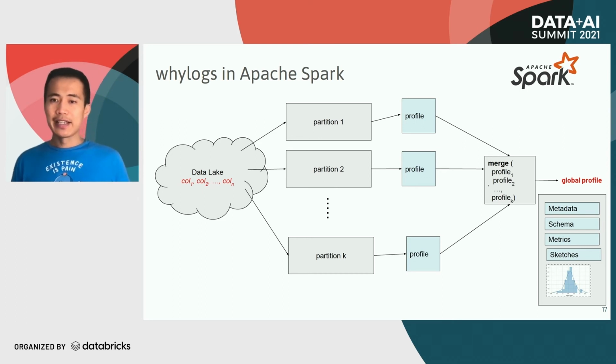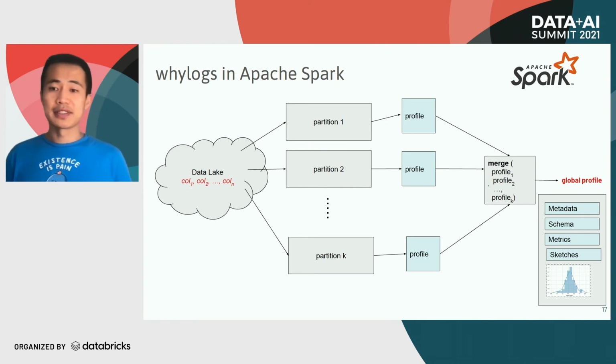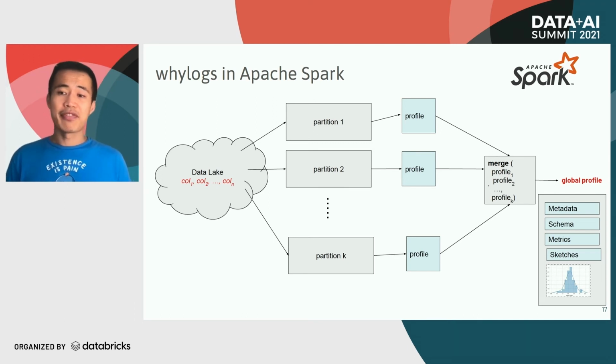Then in the end, because it's a custom aggregator, a reduce step will merge these profiles into a global profile without causing the data to shuffle. So in the case of Spark, it's extremely efficient and we have really good performance results out of this. The final result contains information around your data, such as metadata and schema.